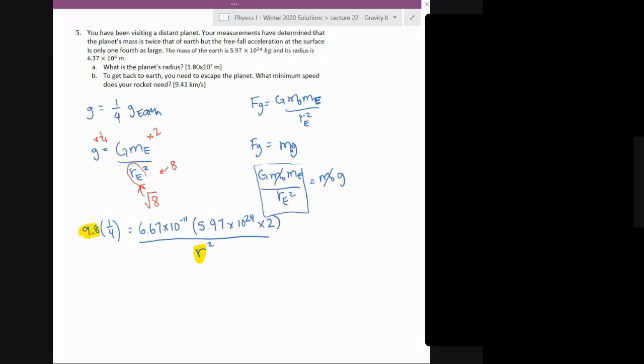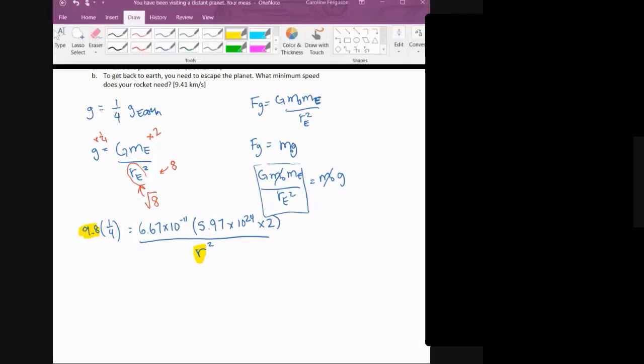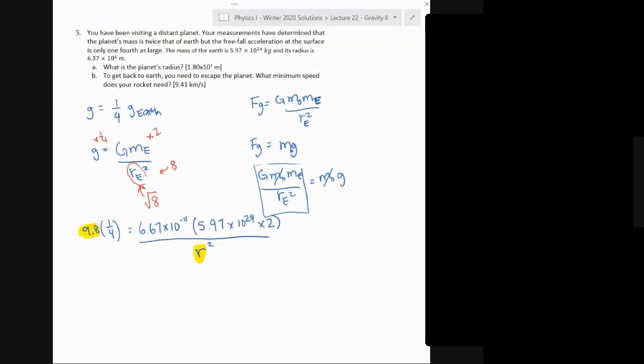So what you could do is use that g equation first to find out what the g is on that planet. So this equation here: g equals G times the mass of the planet over the radius of the planet squared. Let's say instead the question said the planet's mass is twice that of the moon, but the free fall acceleration at the surface is a fourth as large, and the mass of the moon and its radius are given.